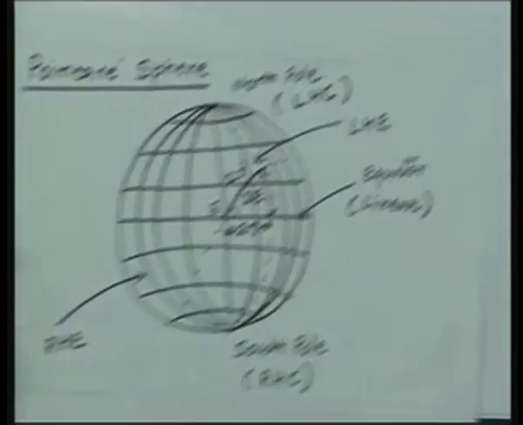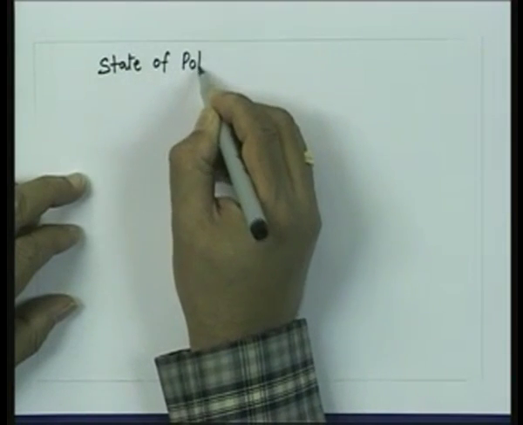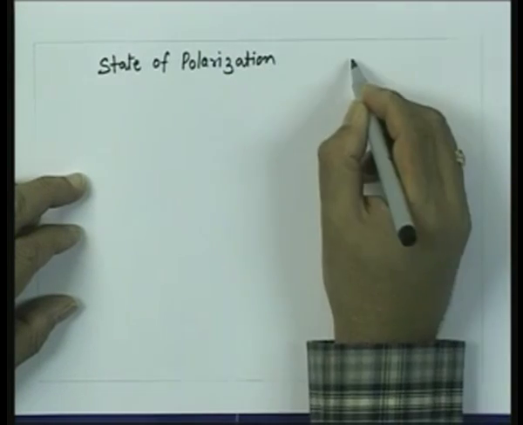So, now if I specifically write how the orthogonal states of polarization will look like, we have the state of polarization and we have the orthogonal state.